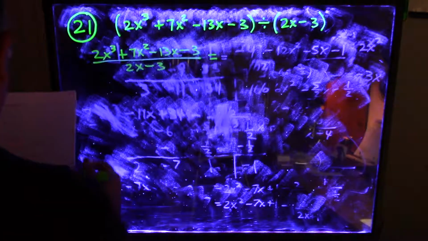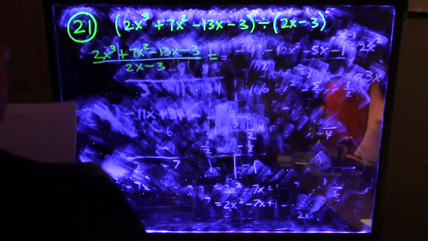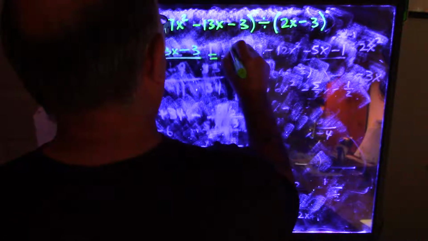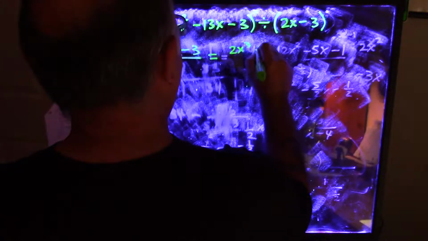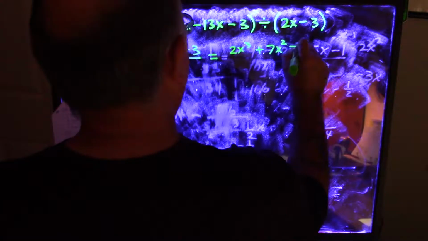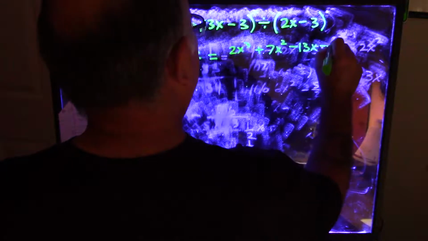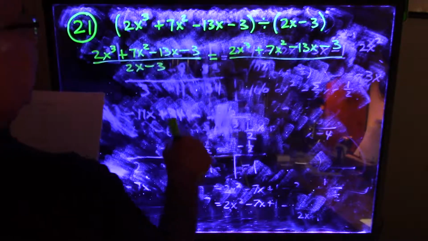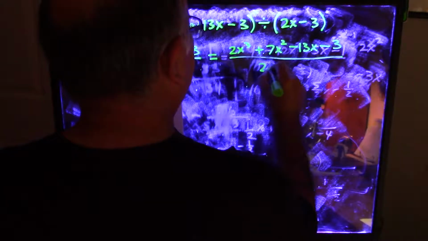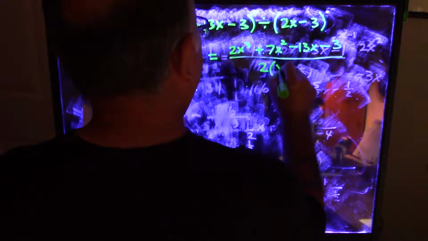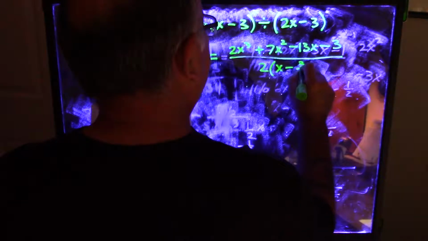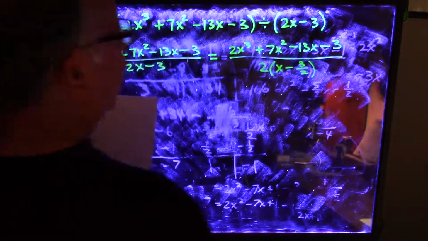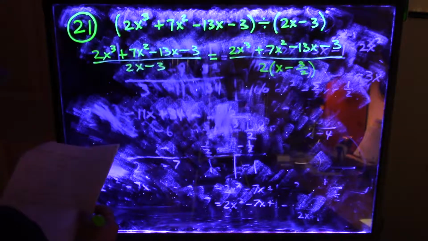I want to make sure what I write next will be equal to the previous. We've got 2x cubed plus 7x squared minus 13x minus 3 over. Now I'm going to factor a 2 out of those two terms. That gives you x minus 3 halves inside the parentheses. Like that. Common factor.